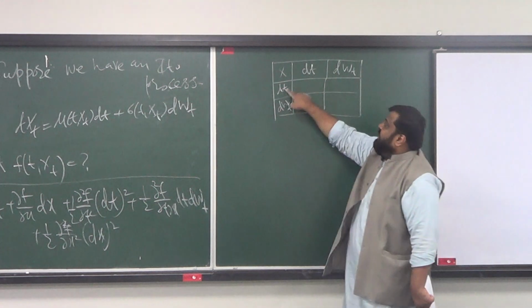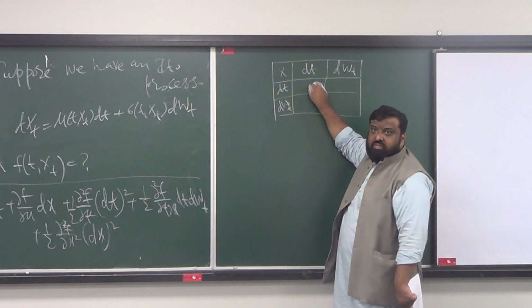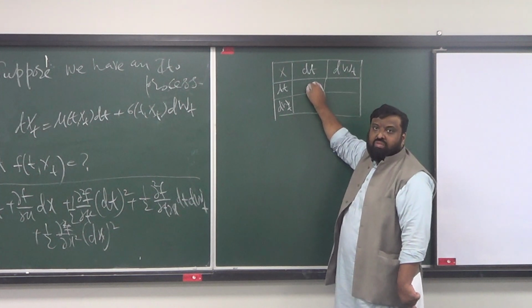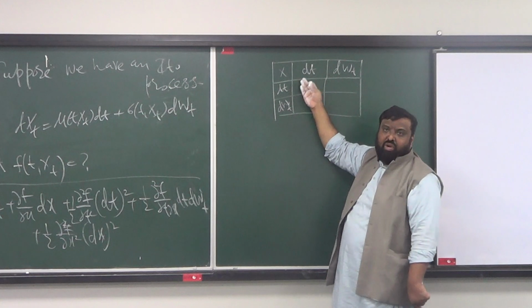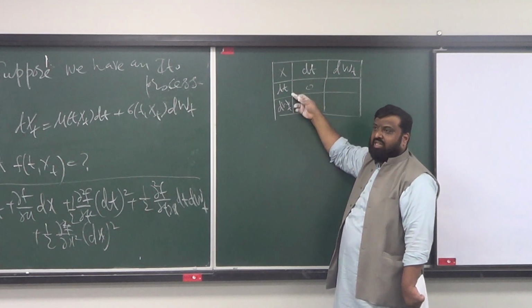So what will dt dt be? That will be 0, because if I don't want to keep terms of higher order than first, this must be 0.